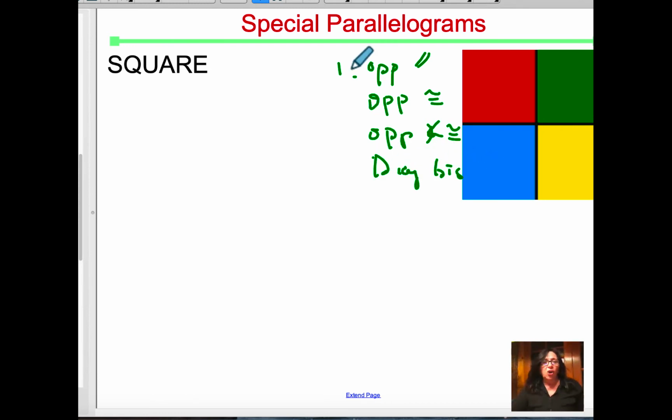In addition to all of these characteristics, a square has what a rectangle has, and that's 4 right angles. It has all the same attributes as a rectangle, which is 4 right angles, right? 4 90 degrees.